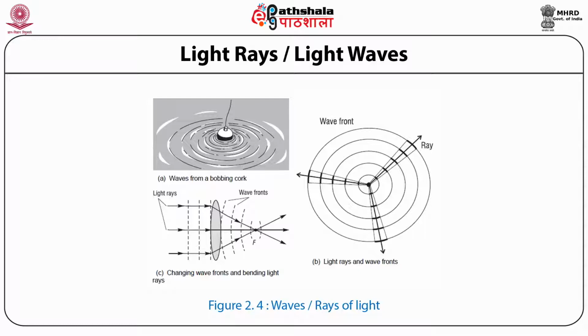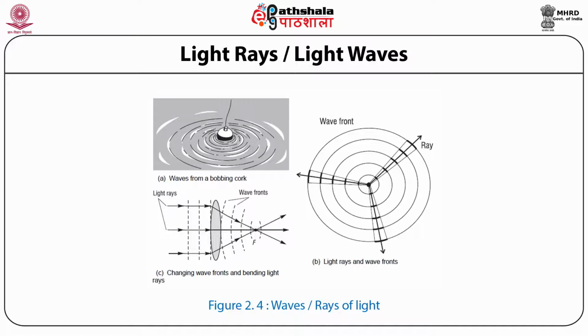The successive high points, which we also refer to as crests, and the successive low points, which we also refer to as troughs, occur as a train of circular waves moving radially outwards from the bobbing cork.